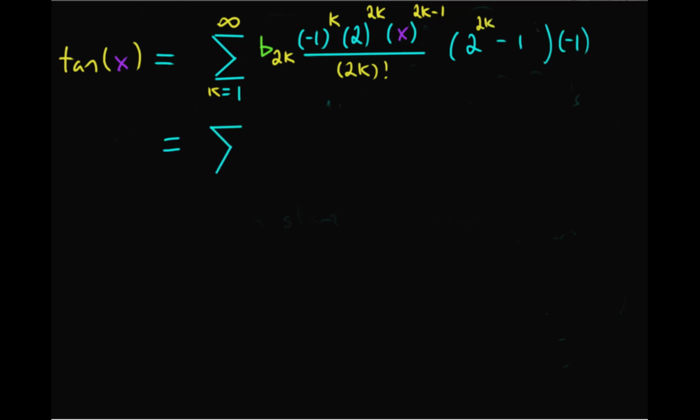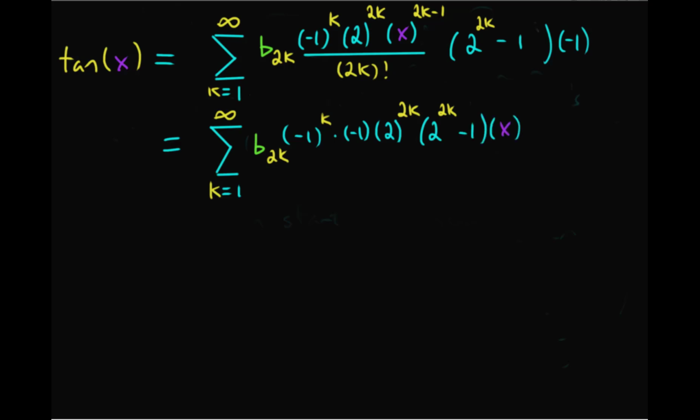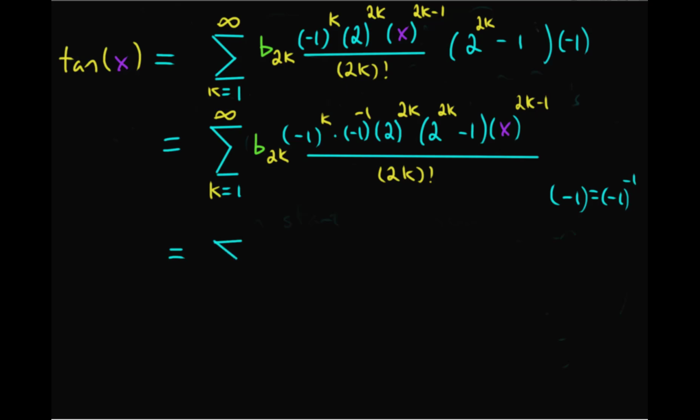So our Taylor series for tan x is now the sum from k equals 1 to infinity of b sub 2k times negative 1 to the k times negative 1 times 2 to the 2k times 2 to the 2k minus 1 times x to the 2k minus 1 all over 2k factorial. Now, negative 1 can also just be written as negative 1 to the power of negative 1, and if I do that, I can combine its exponent with the negative 1 to the k.